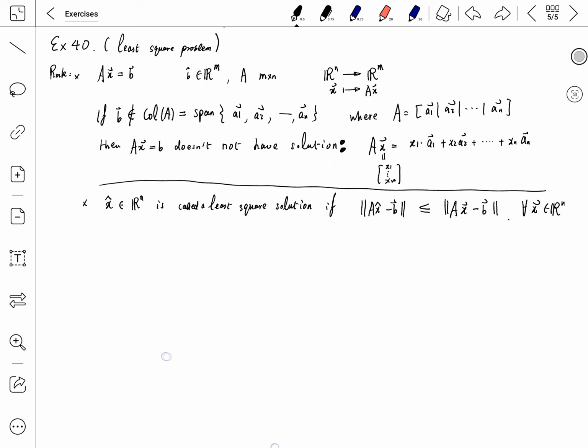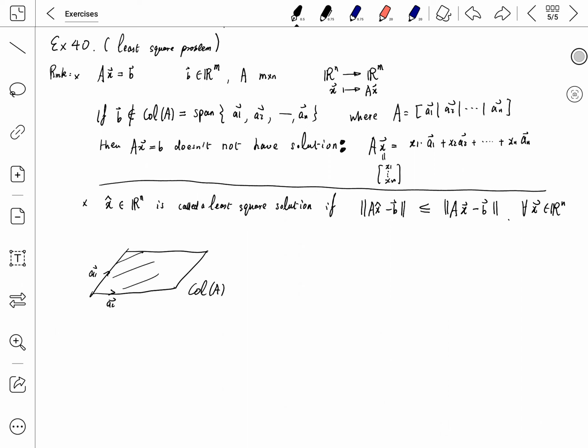Okay, so geometrically, what does this mean? You have your column space of A. This is the span of some column vectors of A. Let's just take an easy example. Let's say this is a1, this is a2. Suppose this is not necessarily dimension 2, but we can only draw up to R3 on paper.